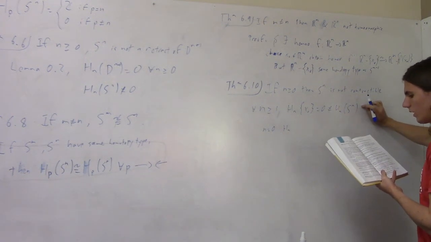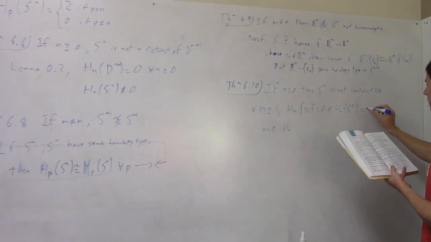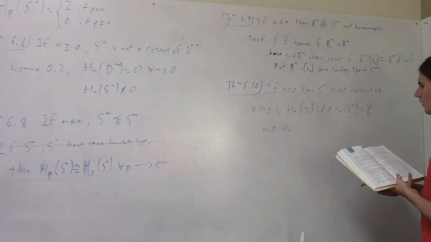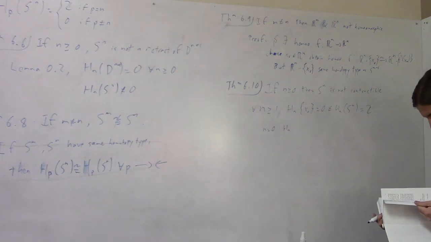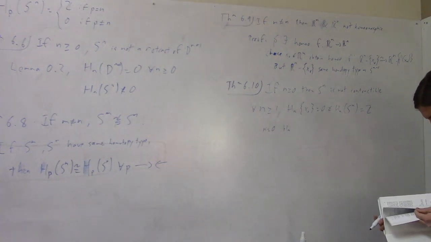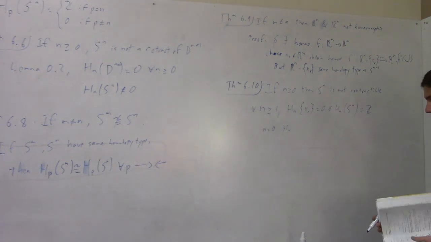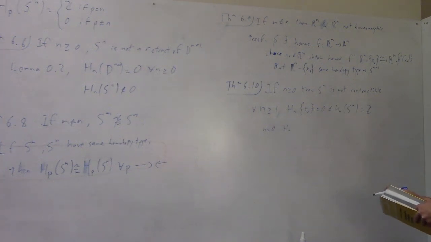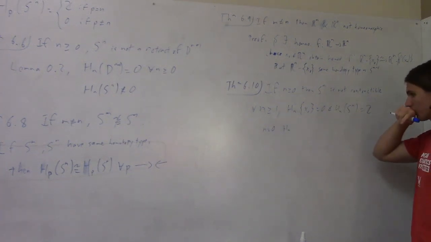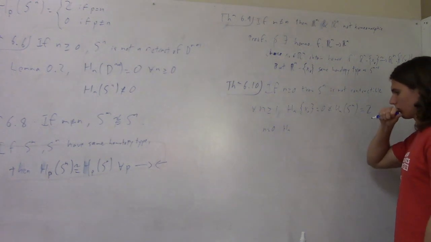Hn of Sn is going to be Z for n equal to p. Well, or I guess here, okay, yeah, he has n equal to p there. Yeah, right.